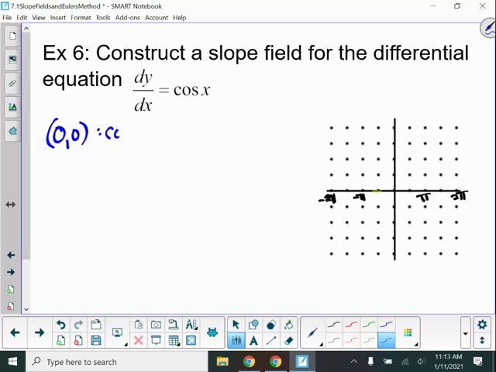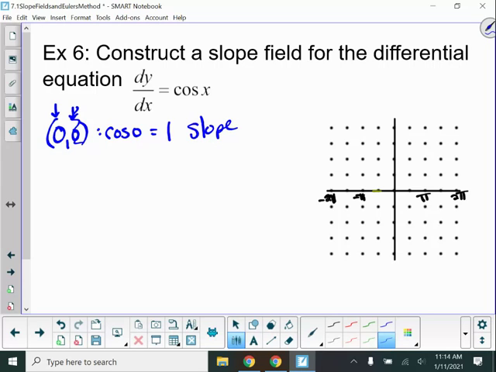that would be the cosine of 0, which is 1. So anytime I have an x value of 0, it doesn't matter what y is because y doesn't really matter here. Any of the x values of 0, 1 is going to be my slope.